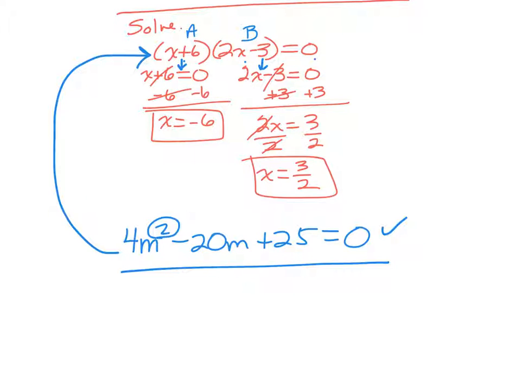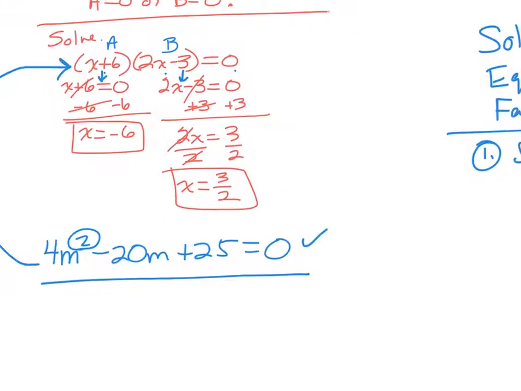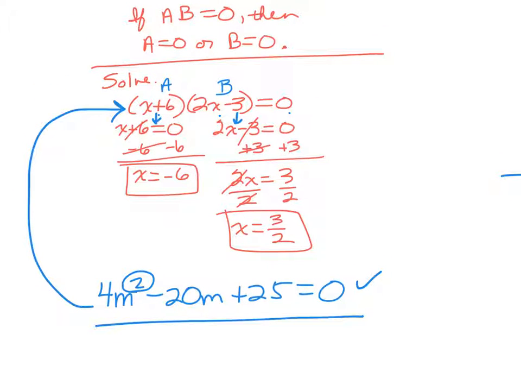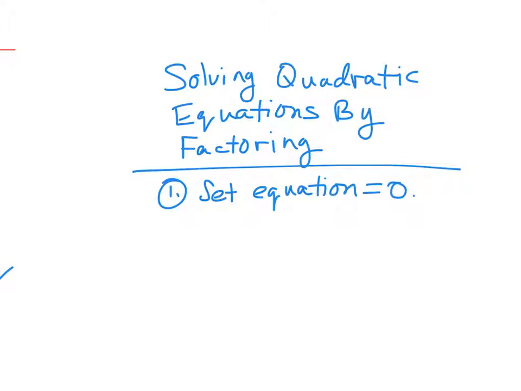We already got a 0 over here on the right hand side. So that part will be taken care of. Once we get a 0, then we're going to try to make it look like something times something. Well, golly, isn't the process of writing a polynomial as something times something called factoring? Isn't that what we've been doing all chapter long? Step 2 is to factor.